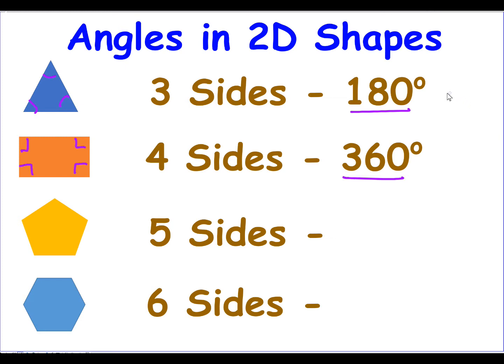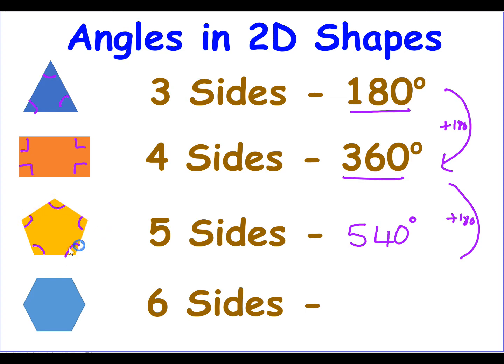So with this knowledge we already have, we can see that every time we add a side to our two-dimensional shape, we add 180 degrees. So for our five-sided shape, the interior angles will add up to 540 degrees.